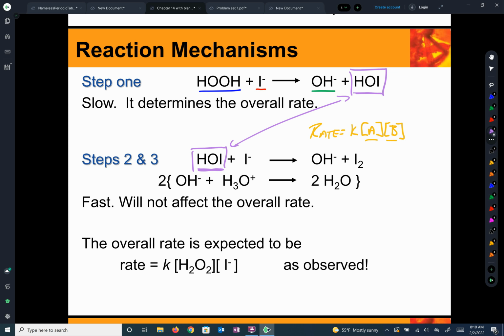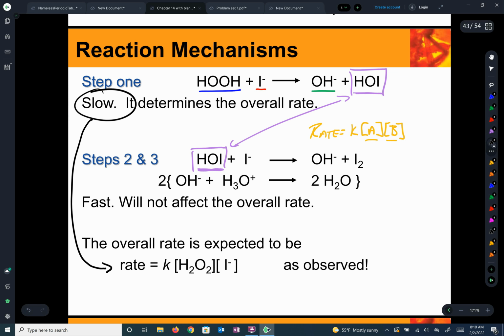The second thing to look for is, let's see, what color haven't I used here? We can do black. So if you take a look over here, we label this as the slow step, right? And if that's the slow step, then I can write my rate law down here for that: K times the peroxide, H2O2, times the concentration of iodide.